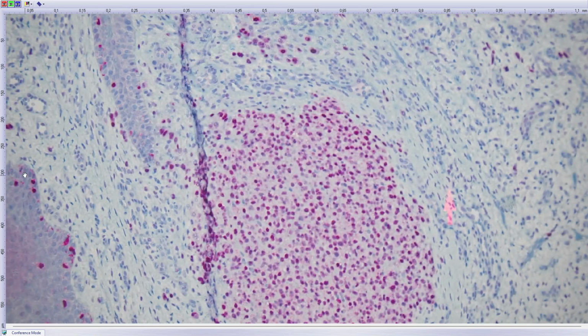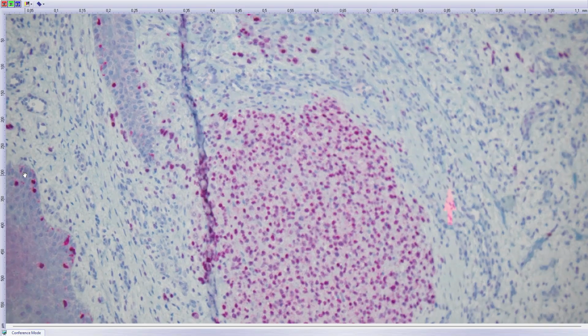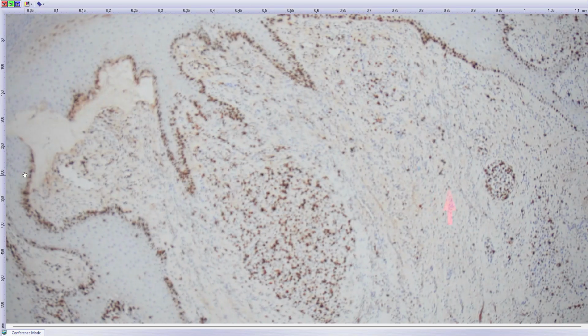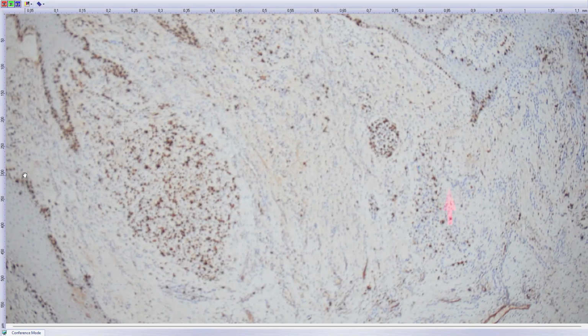It was p16 negative, and MIB1 Ki-67 staining is helpful as well, because you see here positivity in most of the cells, especially in the nodules.